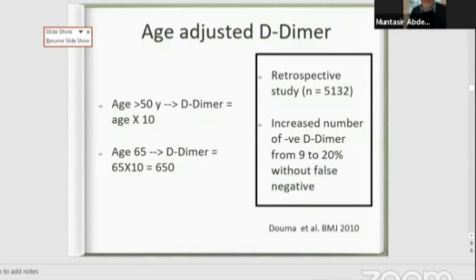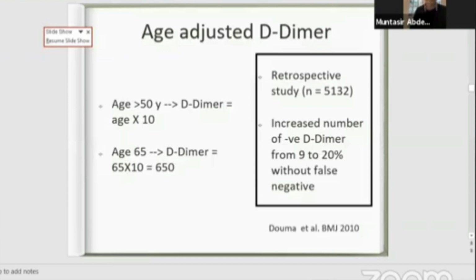In this slide, you can see there is somebody called Douma, and he did a very big retrospective study, and he used what we call age-adjusted D-dimer. If your age is above 50, you multiply your age by 10, and that should be your normal D-dimer. So if you are 65, your normal D-dimer should be 650 rather than 500.